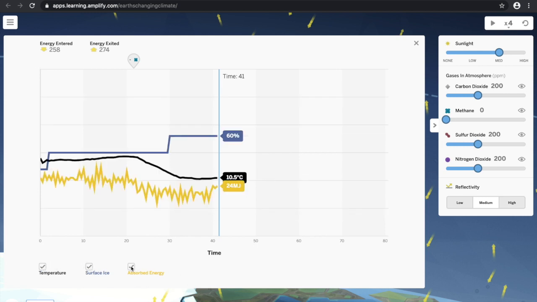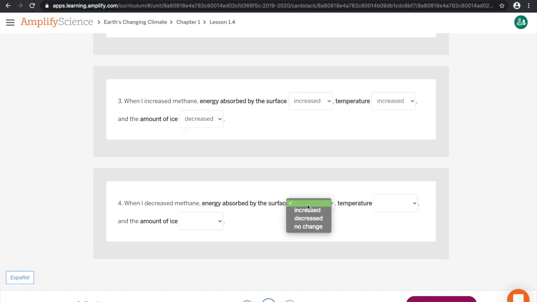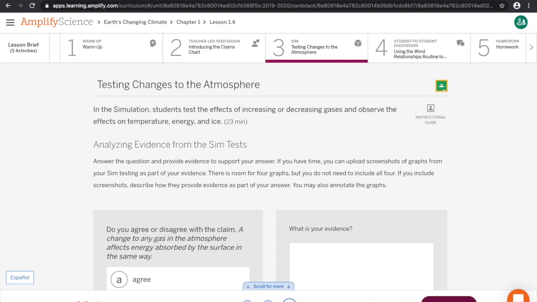Just as predicted, when we got rid of the methane, the sun absorbed less, and the ice increased. So again, when we decrease methane, the energy decreased, the temperature decreased, and the ice increased. Here's where you want to press save and continue.